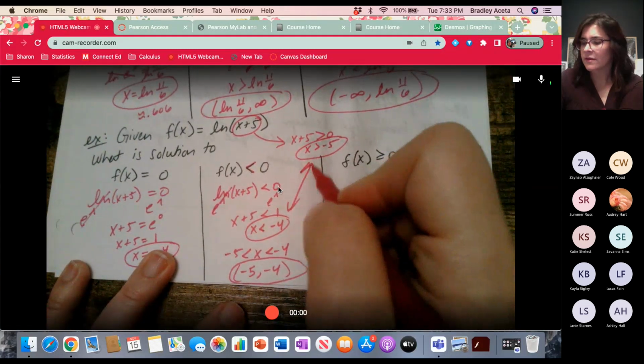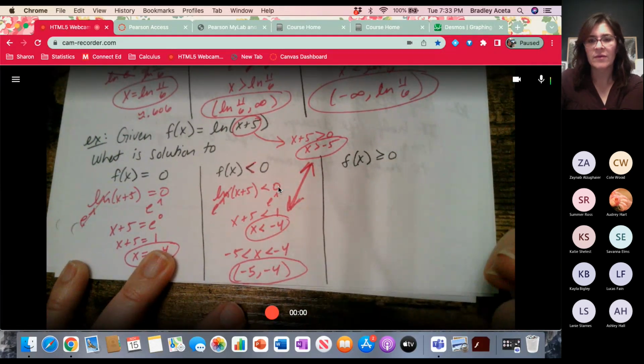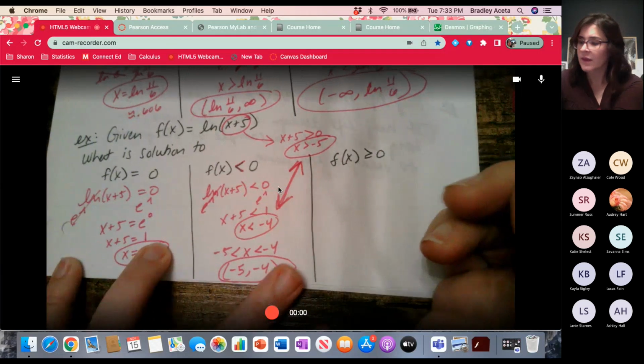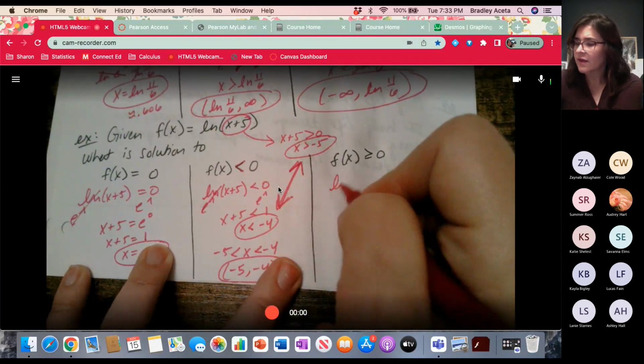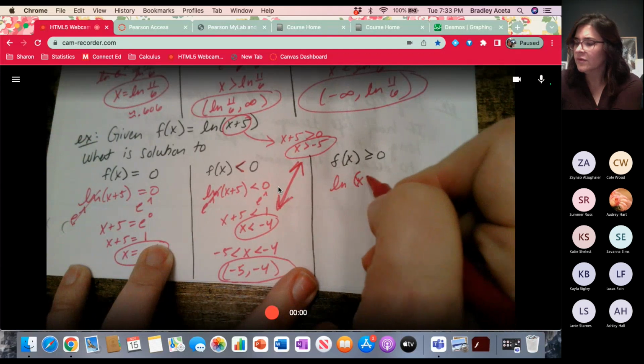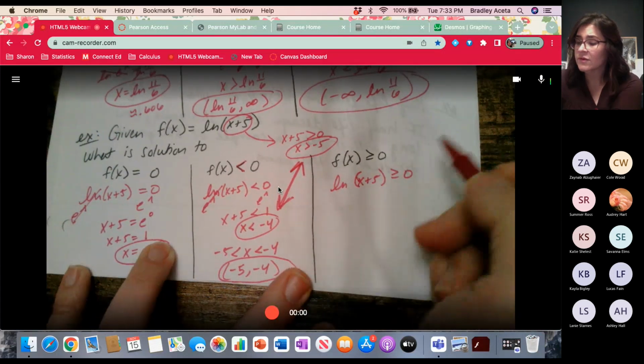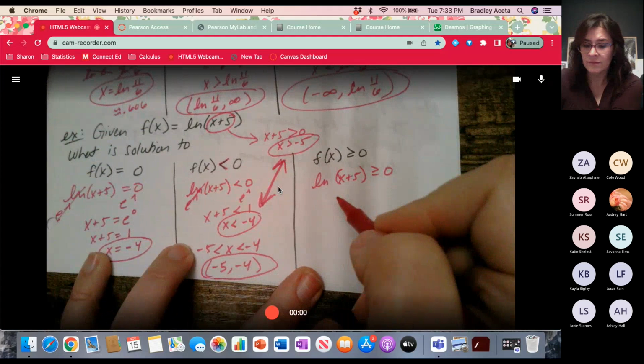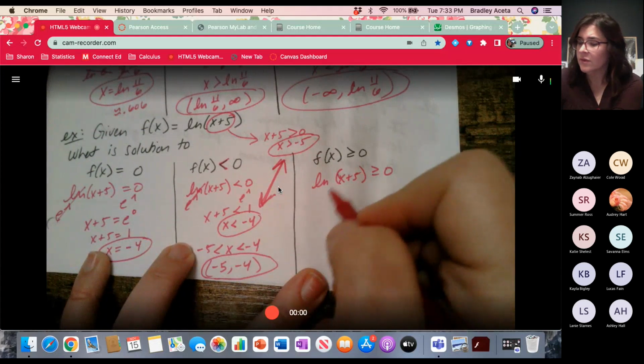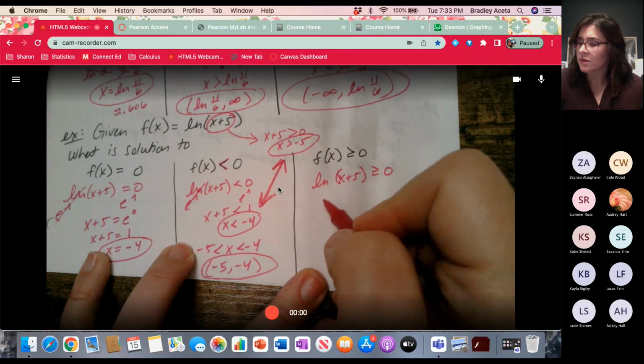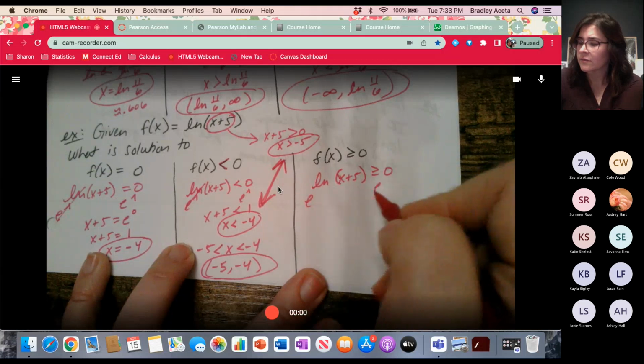So don't forget about that one on this. And then this one right here, again, the ln of x plus 5 greater than or equal to 0, we e it.